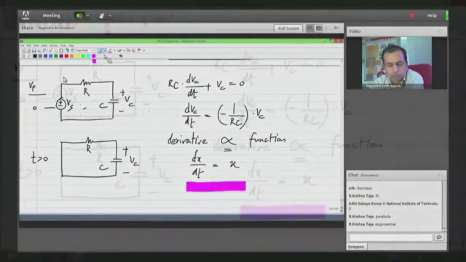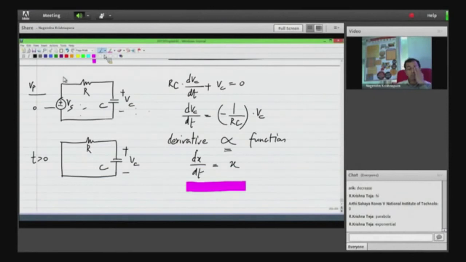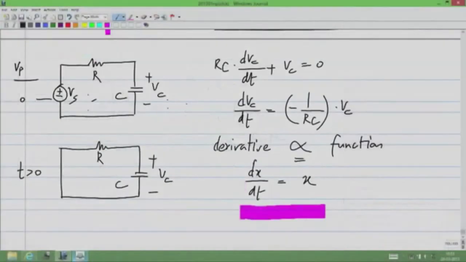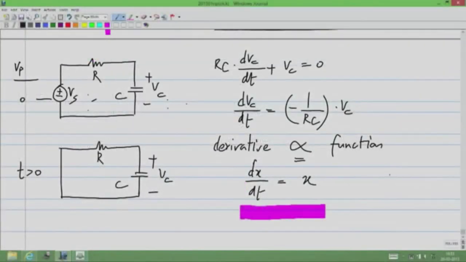So think of a function whose derivative is the same function. So clearly, an exponential satisfies this because the derivative of the exponential is also an exponential.